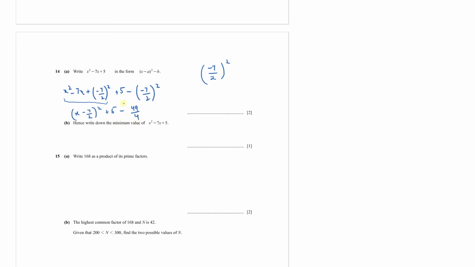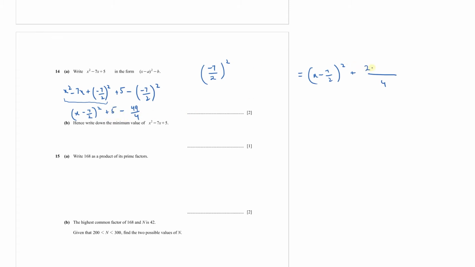Now I can add these two values so that I have the value of b. So let me continue here. This will be x minus 7 by 2 whole square plus, if I take the LCM here, my LCM will be 4, and then I will have to multiply 5 by 4 as well.